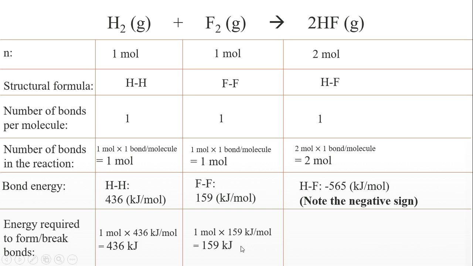We do the same thing here: the energy required to break 1 mole of bonds multiplied by the number of moles of bonds we have. Again, it's 1 times the number, so it's the same number. And here we have 2 moles being formed due to the molar ratios. So we take 2 moles, multiply with this negative value, to get a total of minus 1,130 kilojoules.